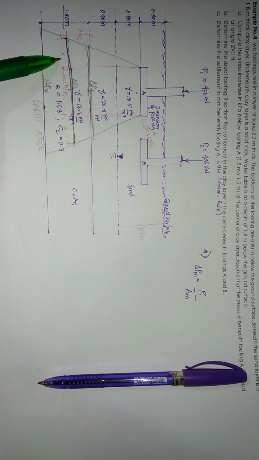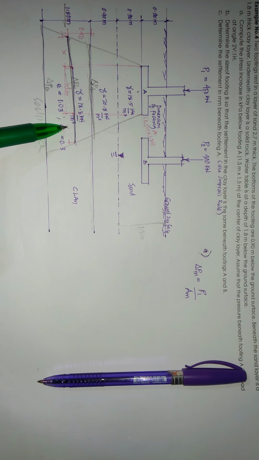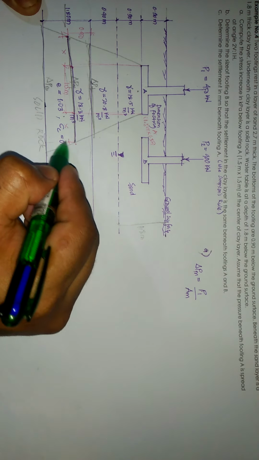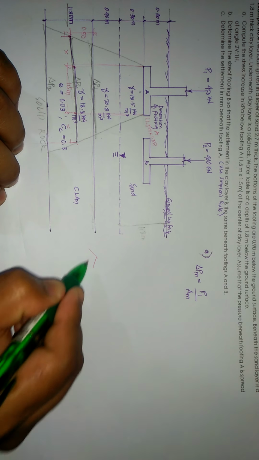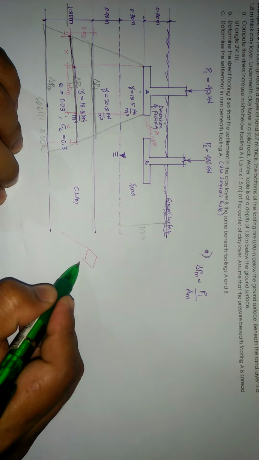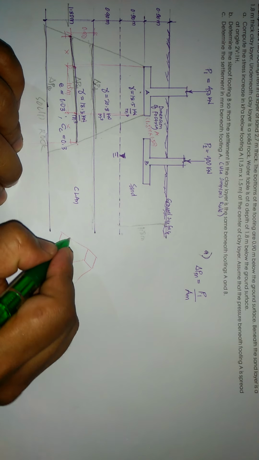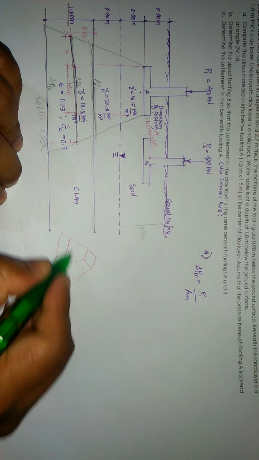Meaning to say, the value of x here is 1.35 because the pressure beneath footing A spreads 2 vertical, 1 horizontal. So if we get the dimension of this one, it would be like this. Let's assume that this is the middle.